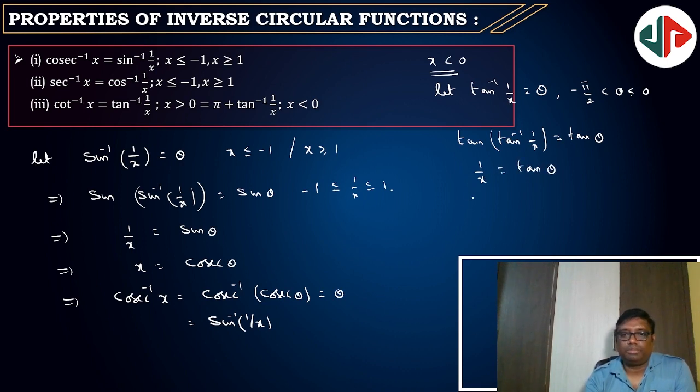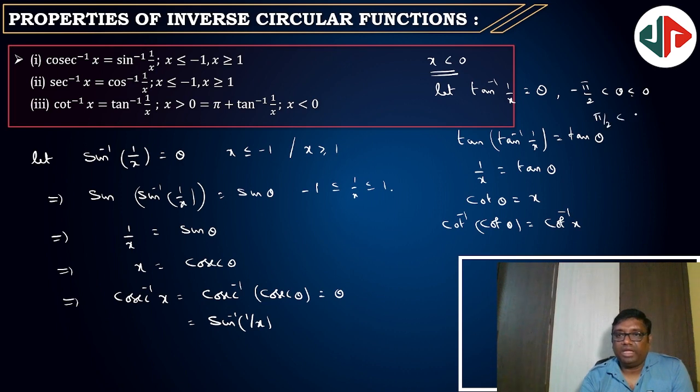If you take the reciprocal, cot theta is equal to x. If you apply cot inverse on both sides, cot inverse of cot theta is equal to cot inverse of x. But you cannot write theta, because cot inverse of cot theta is always equal to theta only when theta lies between 0 to pi. So that is why I am adding pi here. If we add pi, now pi by 2 is less than theta plus pi, which is less than pi.